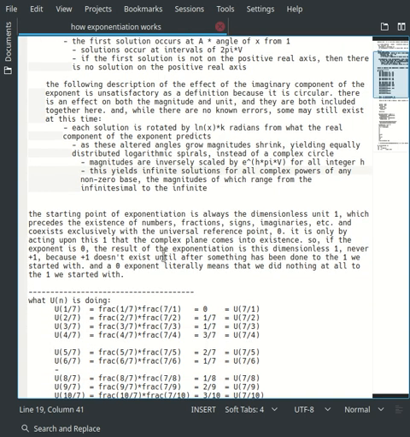Okay. Now here, the starting point of exponentiation is always the dimensionless unit 1, which precedes the existence of numbers, fractions, signs, imaginaries, etc., which I mentioned before, and coexists exclusively with the universal reference point 0. It is only by acting upon this 1 that the complex plane comes into existence. And every way in which we get any sort of interaction, even with reals or integers, we have to act upon this, right?